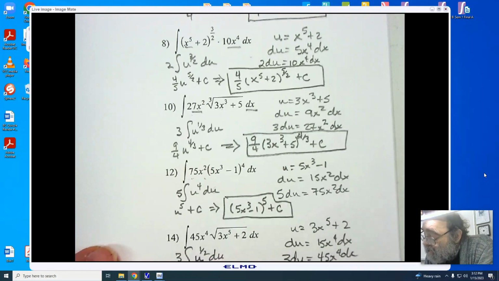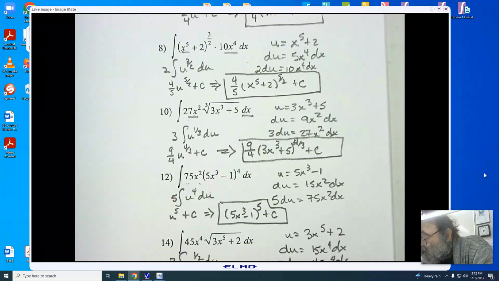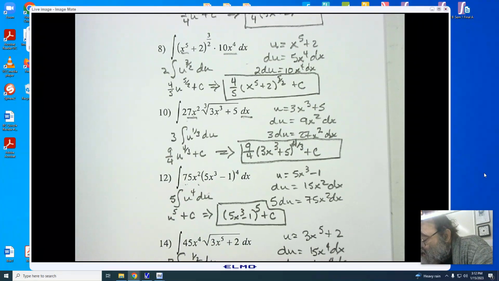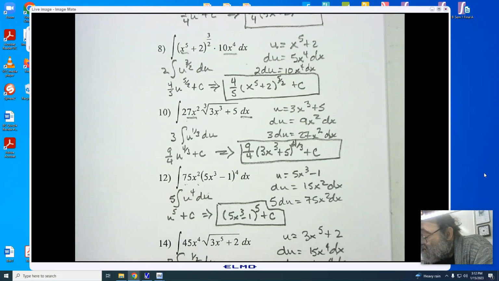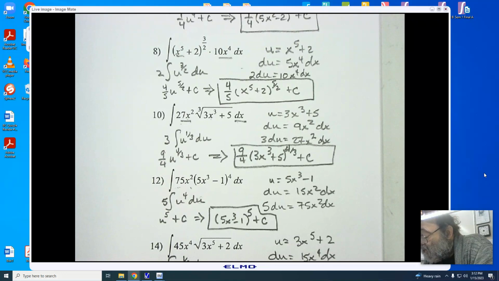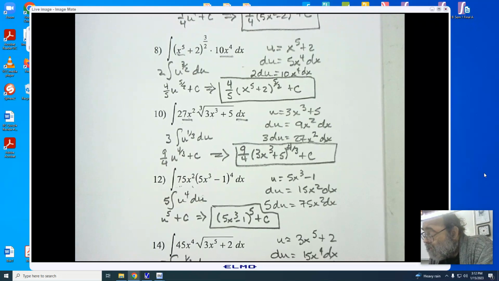Last one. Now, don't let yourself get flustered. This is just going to end up being something to the negative 5th power. The key is to get that du on top. So we're looking at u equaling the 5x to the 5th minus 2, so that the du can be 25x to the 4th dx. We're going to multiply by a 2, so I have 2u du.